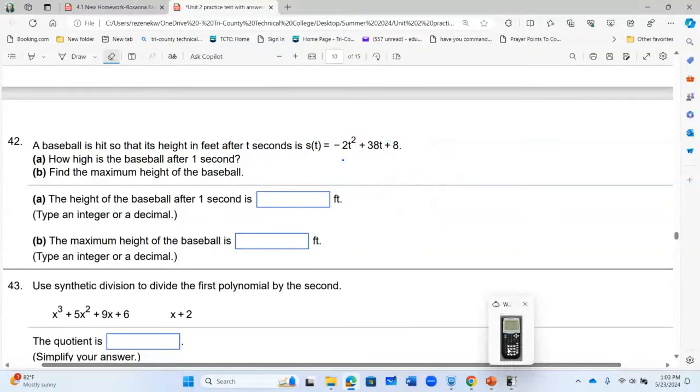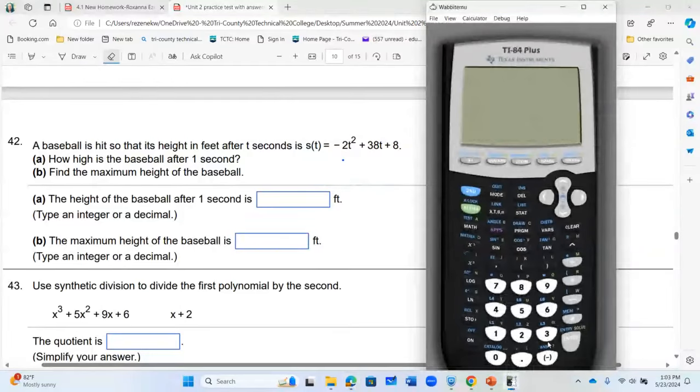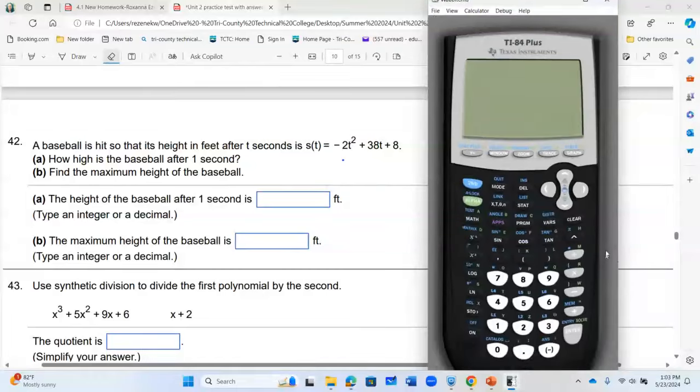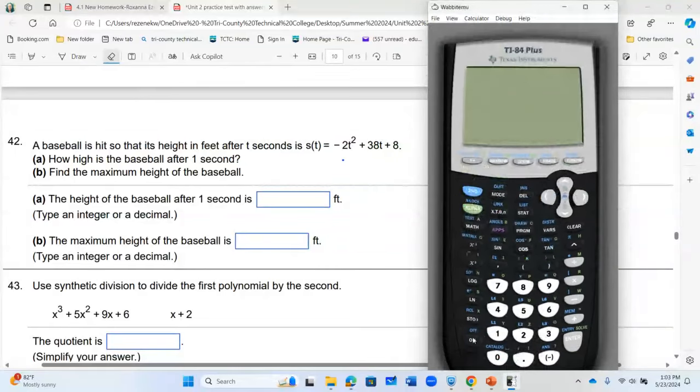Okay, let's find the maximum height of the baseball in number 42. So let's do that. All you want to do is put this data in your calculator. Y equals, and before I start graphing, I have to de-highlight plot 1. Make sure that nothing is going to mess you up there.